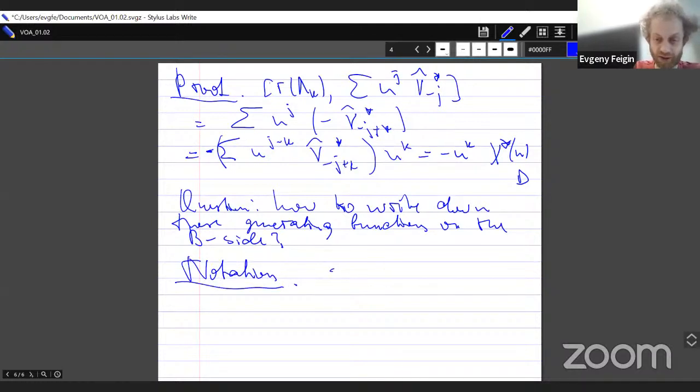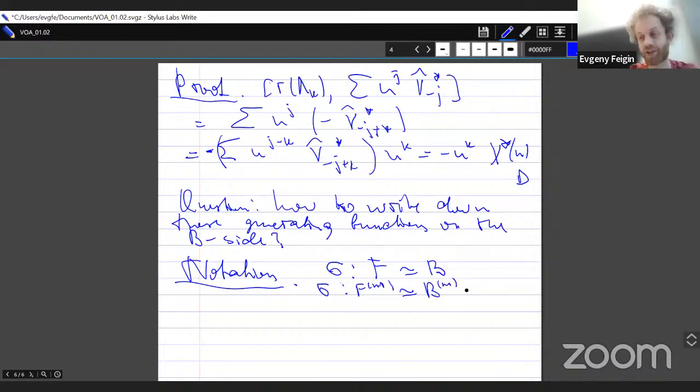So let us write sigma for the identification of F and B. So in particular, sigma identifies F_m with B_m, which is just polynomials. So recall that this is e to the m times C of xi, i is positive.